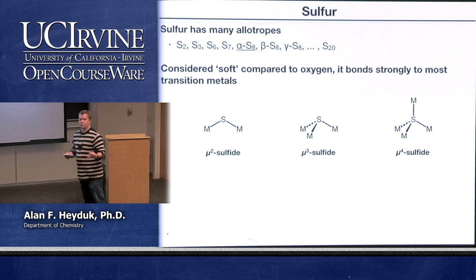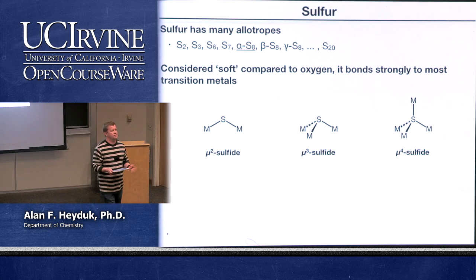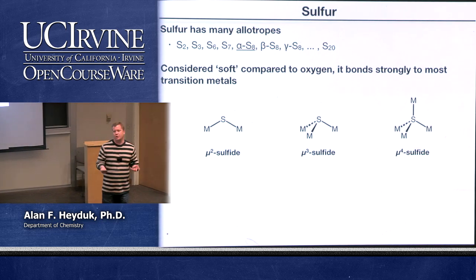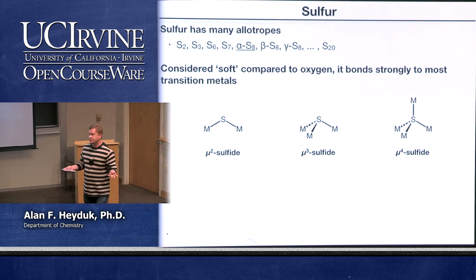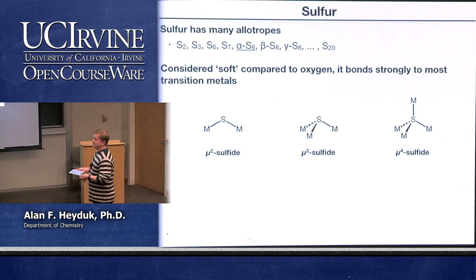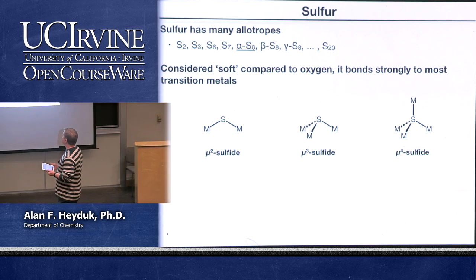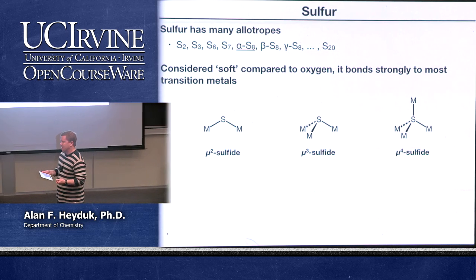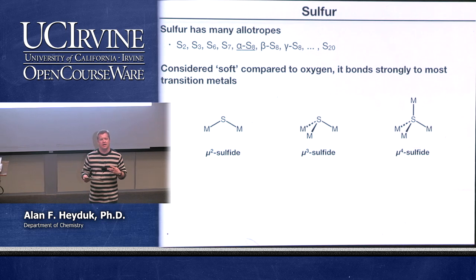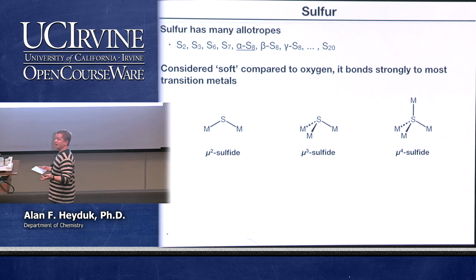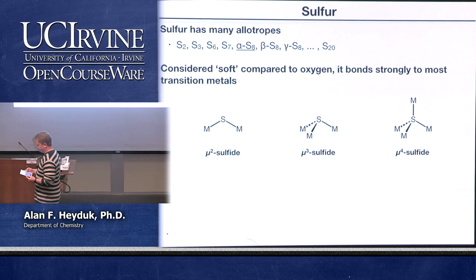Now this is kind of weird, because it looks like sulfur is making too many bonds. We know oxygen can only make really 2 bonds. Sulfur in this case can make 4 bonds to different transition metals. We'll talk exactly about how that happens. But in a way, it's kind of satisfying because you can see that the sulfur can adopt basically sp3 hybridization.